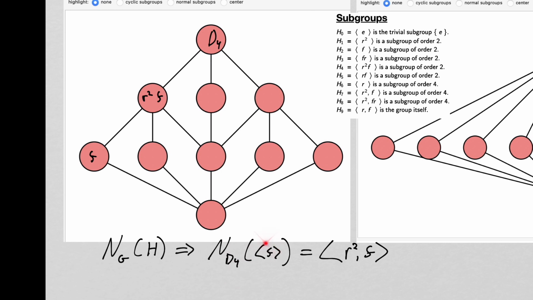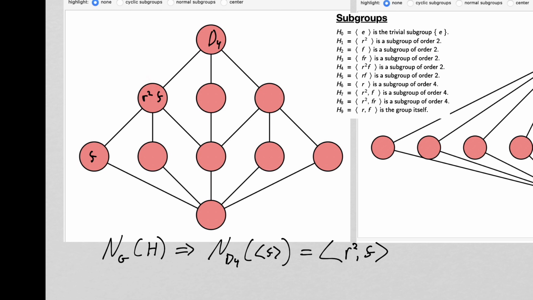So there's only 3 subgroups of D4 that could possibly contain F if F itself isn't normal, and only one of them actually does. So this set must be the normalizer of F in D4.